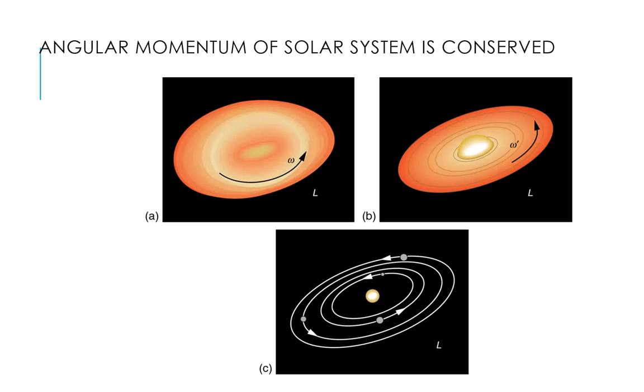Now, thinking about this, let's go back to Andy yesterday. Andy had these masses out here and she was spinning around. When she brought them in, what was conserved? Angular momentum. What about her kinetic energy? What is the equation for kinetic energy?